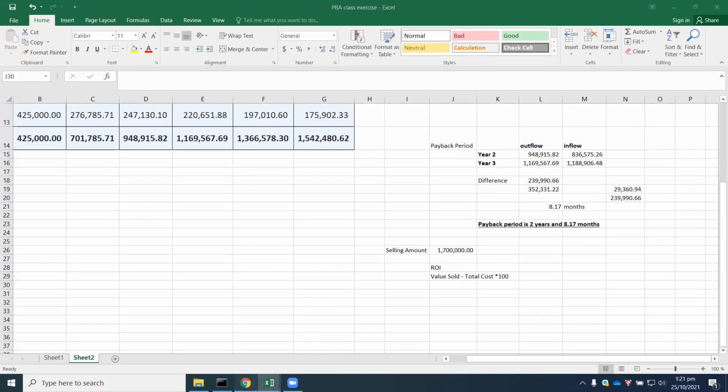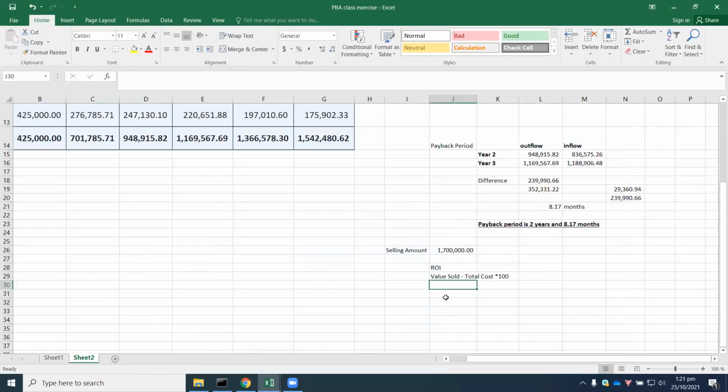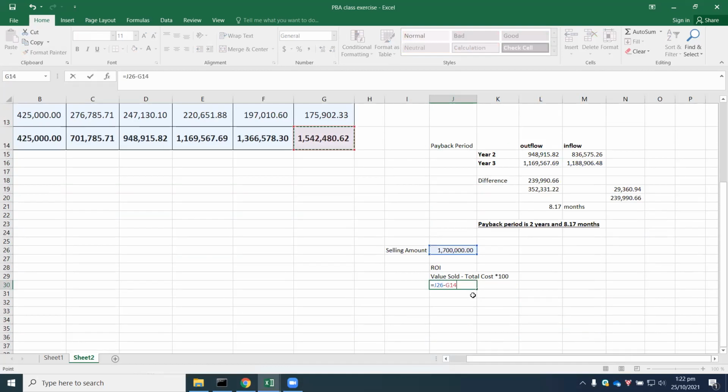So in what year has it been sold? On the 5th year. So therefore your value here is 1.7 million minus your total cumulative cost for the 5th year, which is 1.5 something million, multiplied by 100.